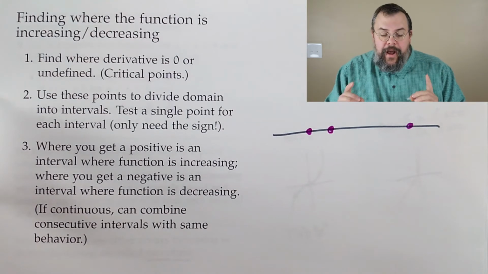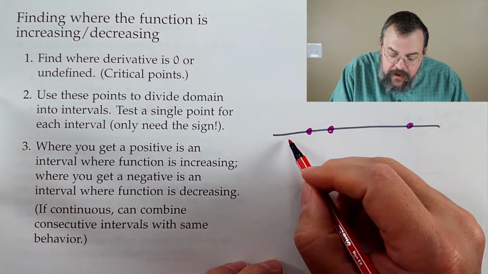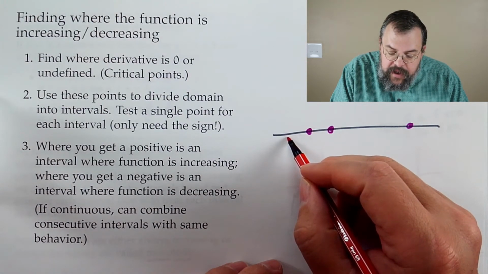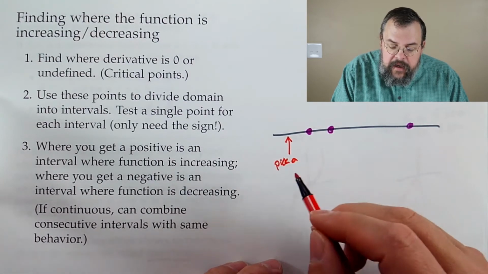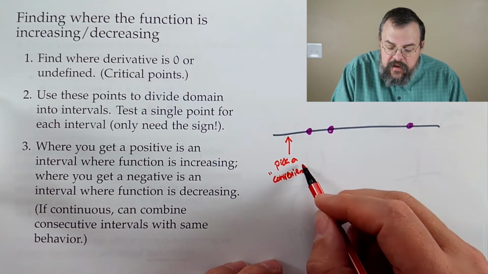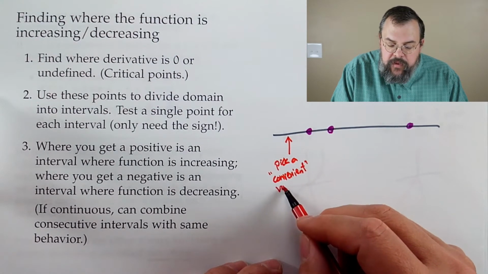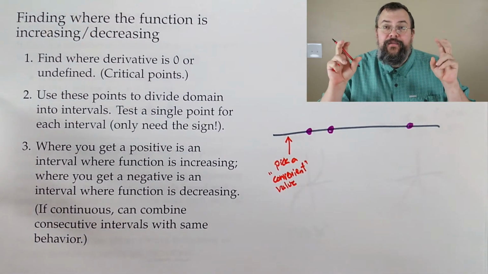So how do we figure this out? Well, we come along and we pick a value. Now, you might say, which value do we pick? Here's a useful thing to keep in mind: pick a convenient value for each interval. Why do I use the word convenient?